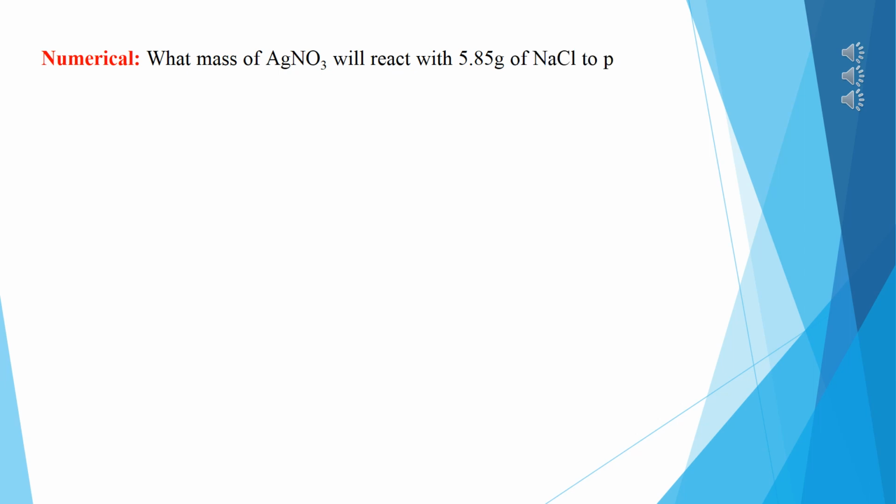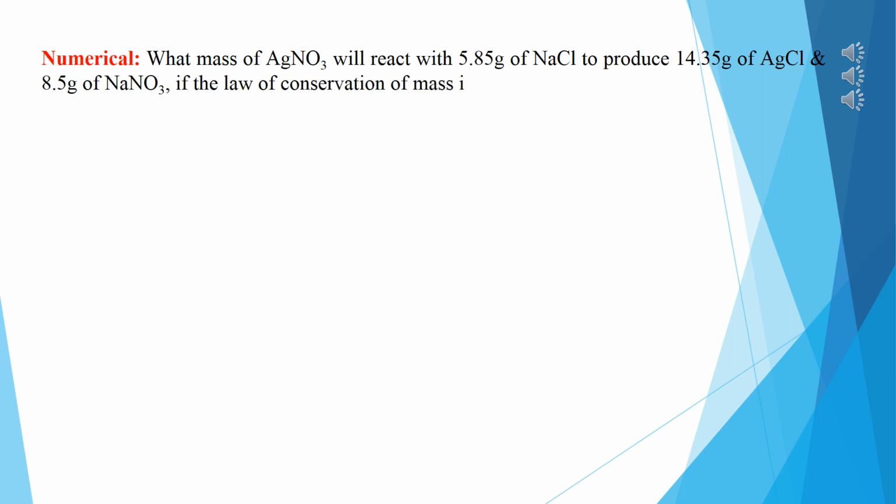Let's further understand this law by doing a numerical problem. What mass of silver nitrate will react with 5.85 gram of sodium chloride to produce 14.35 gram of silver chloride and 8.5 gram of sodium nitrate if the law of conservation of mass is true?